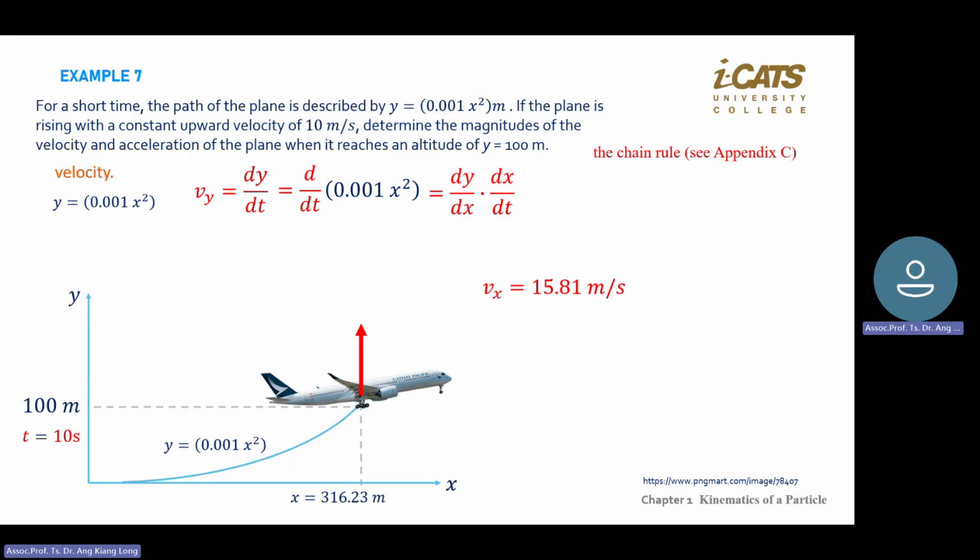So dy dx, what do you get? If you take y equal to 0.001 x squared, dy dx is, you take this equation, dy dx, what do you get? 0.002 x. Right, then dx dt.